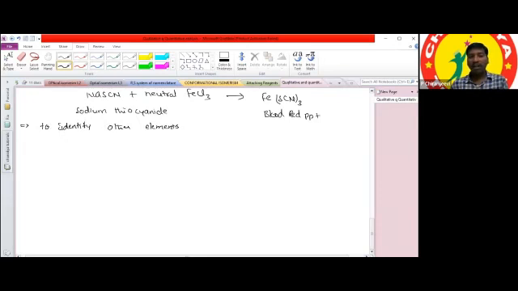To identify the other elements, we have to heat the lysine extract with concentrated nitric acid. Why do we heat with concentrated nitric acid?